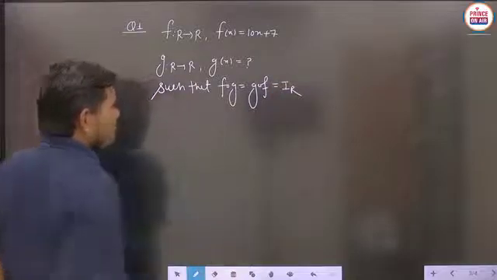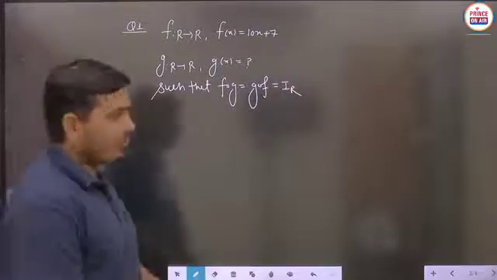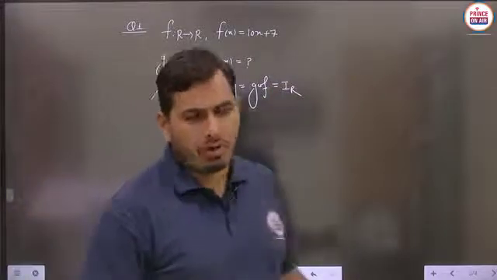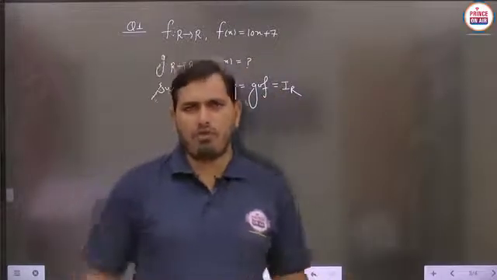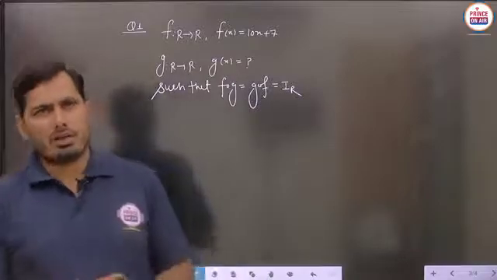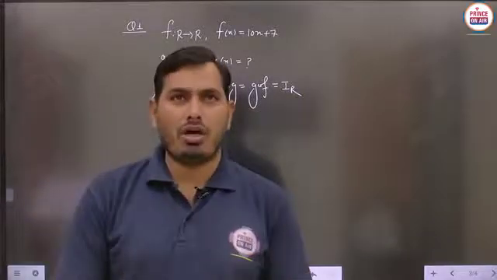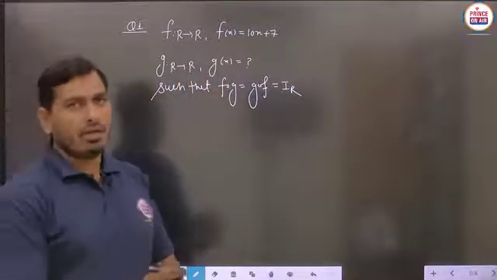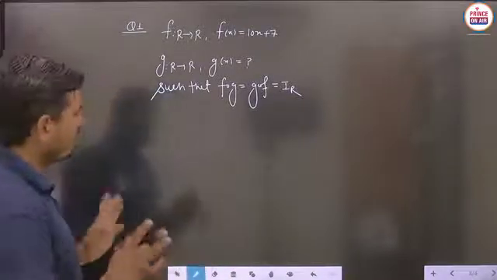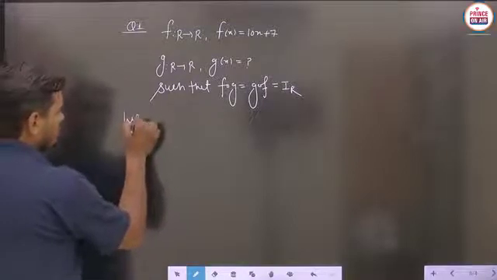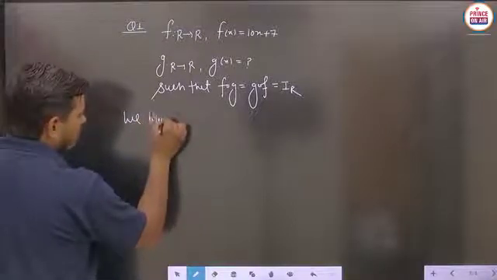Students, this is a very important definition that we have already discussed in the composition part. If fog or gof equals the identity function, then definitely g is said to be the inverse of f, and f is said to be an invertible function. So basically, here we have to use the definition.